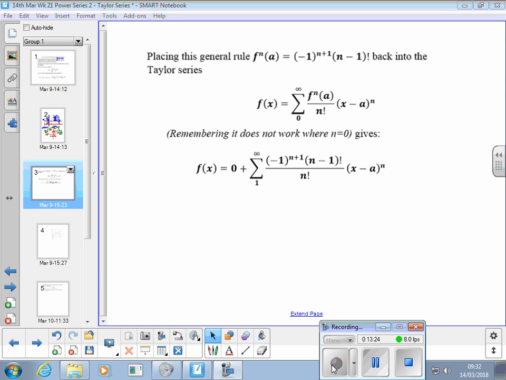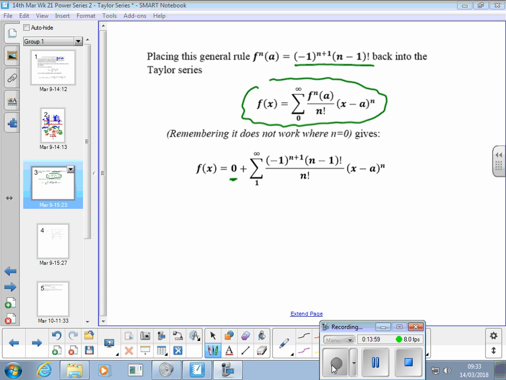Moving on from that, if we take the general rule that we've just established, minus 1 to the n plus 1 times n minus 1 factorial, back into this Taylor series, we know that we've got 0 for the first term because ln 1 is equal to 0.